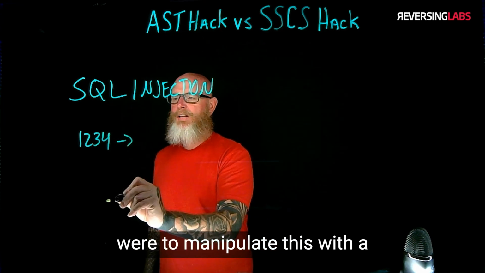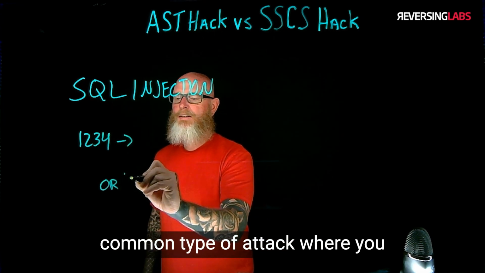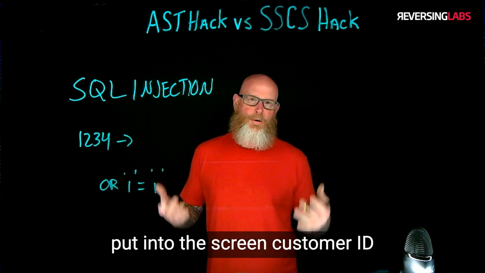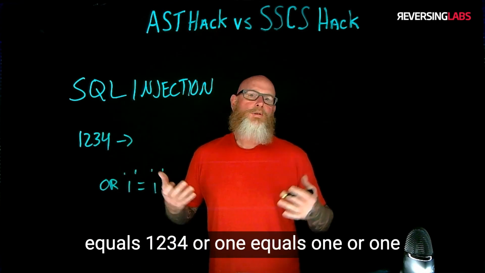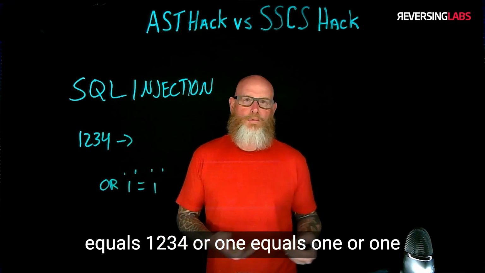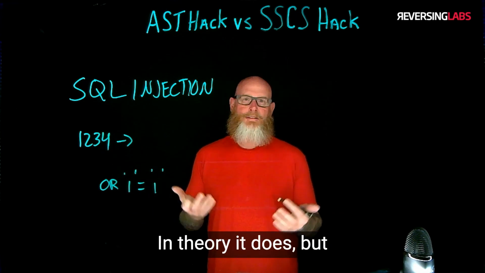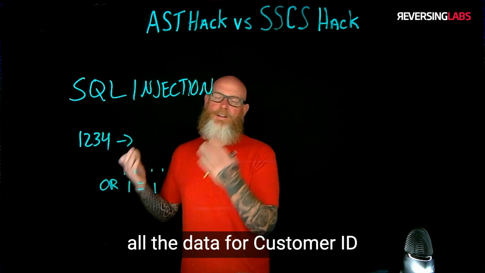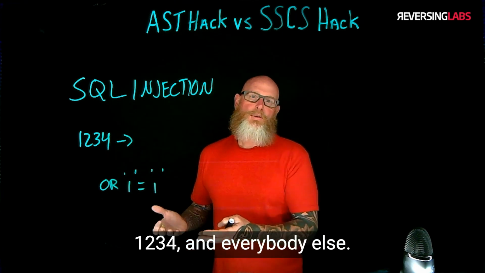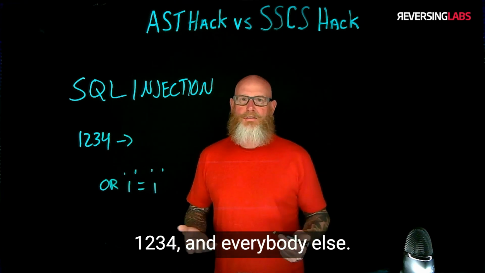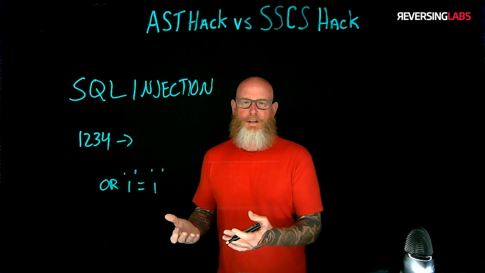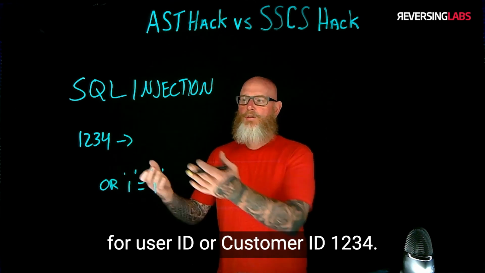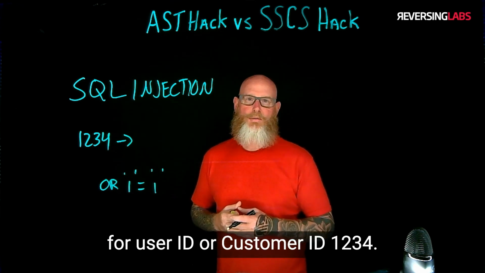But if you were to manipulate this with a common type of attack where you put into the screen customer ID equals 1234 or 1 equals 1, well, 1 always equals 1, so you're going to get back all the data for customer ID 1234 and everybody else. So it functionally worked. It gave you back, if you did it the correct way, the correct information for customer ID 1234.